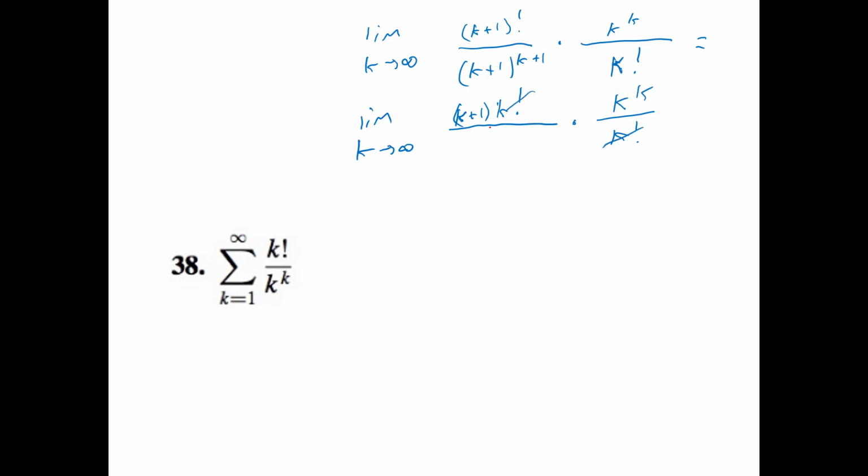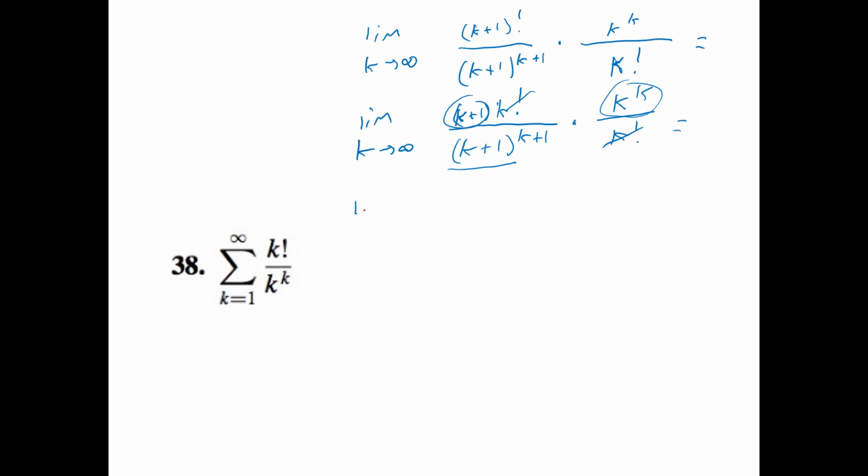The k factorials go away, and then over here we have k plus 1 to the k plus 1. And so then again, we have factors of k plus 1. The bases are the same, so we take one of these away. And over here we have k to the k.